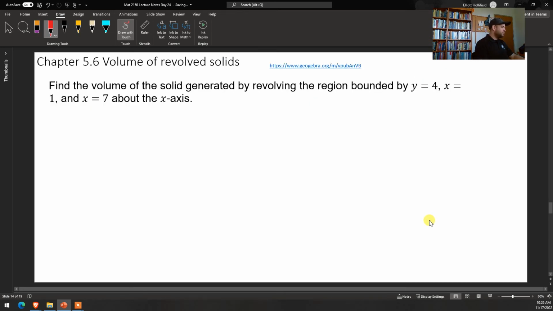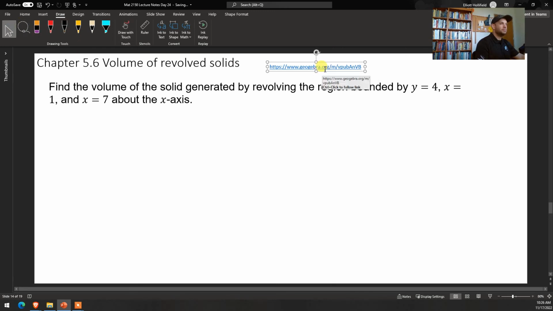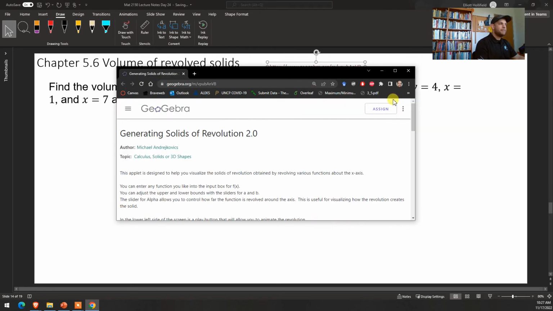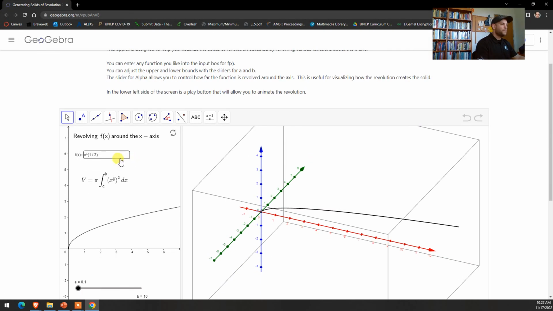Let's try an example here where we actually revolve an object about the x-axis. Let's first visualize that to draw ourselves a nice picture, and then compute the volume of the corresponding object. We have a constant function of 4 here.